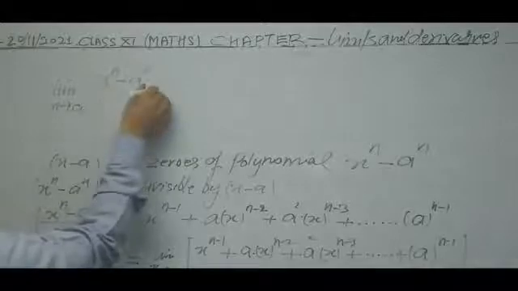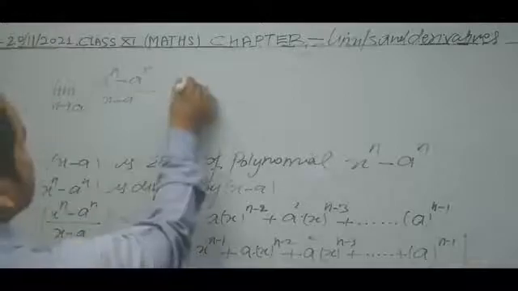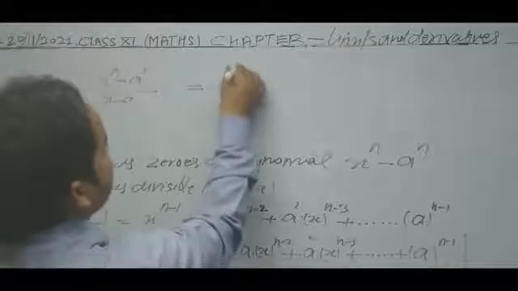Now suppose you put its value. So what will you get as the result? Limit x tends to a, x to the power n minus a to the power n whole upon x minus a is equal to a to the power n minus 1.